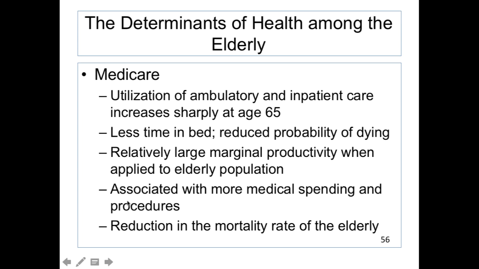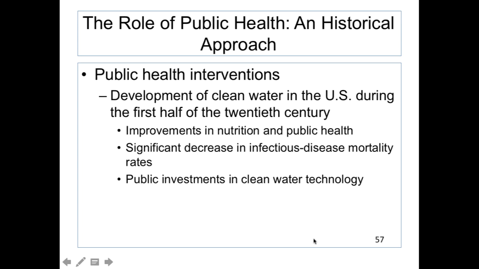So there is a significant association between more medical spending and procedures and a reduction in the mortality rate of the elderly. That means that when they have Medicare, they use it in preventive cases, spend less time in bed, and there is also a reduction in mortality.